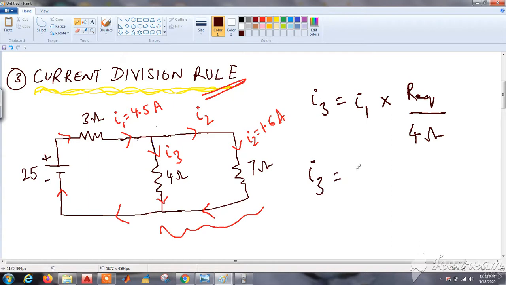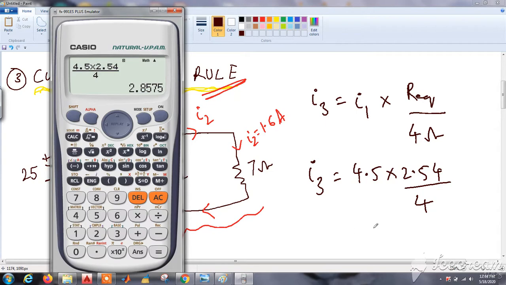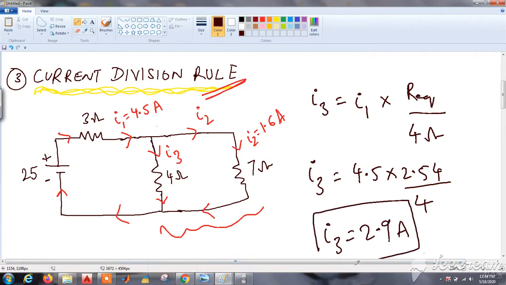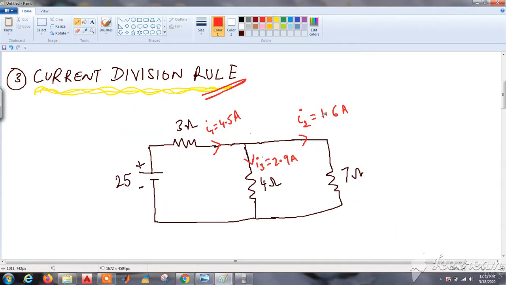The source current is 4.5 amperes, R equivalent is 2.54 ohms, divided by 4 ohms. So we are getting 2.857 amperes, or we can approximate it to 2.9 amperes. So the current I3 flowing is 2.9 amperes and current I2 is 1.6 amperes. So from the current division rule also we are getting the same results, that is I1 is equal to 4.5 amperes, I2 is equal to 1.6 amperes and I3 is 2.9 amperes.